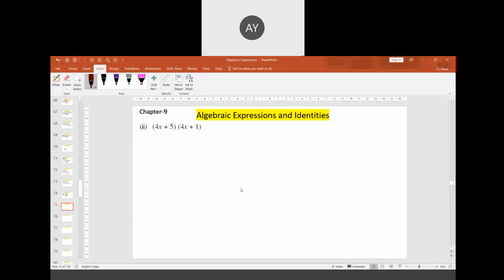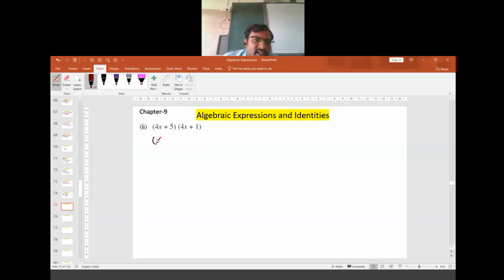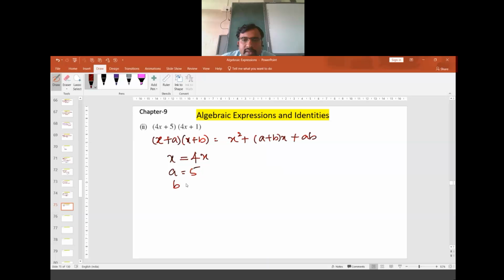Now the confusion. In the identity it is x plus a into x plus b, which is x square plus a plus b into x plus ab. Here the x value is 4x, a value is 5, b value is 1.